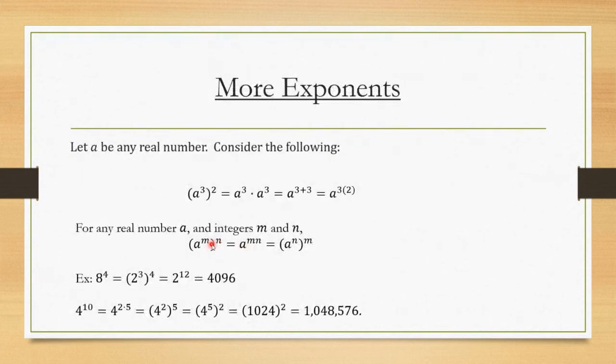So here, for instance, if m or n were negative, but not both, we also assume a is not 0. So if one of the exponents is negative, we must assume that a is not 0. Again, that's the convention the book is taking.